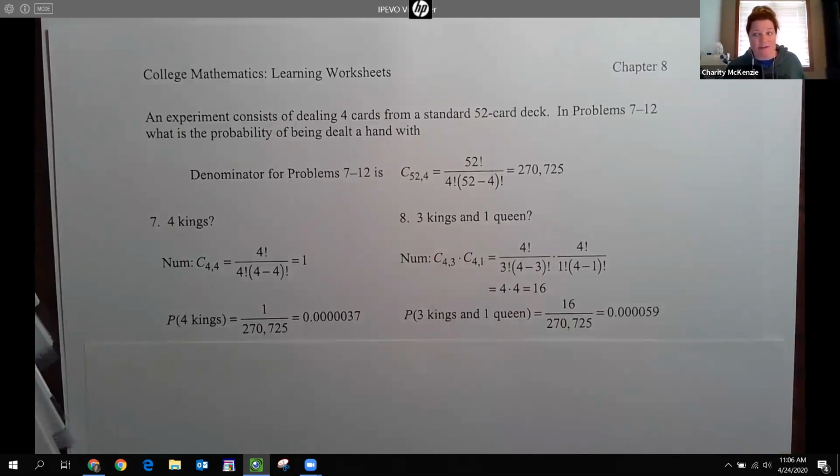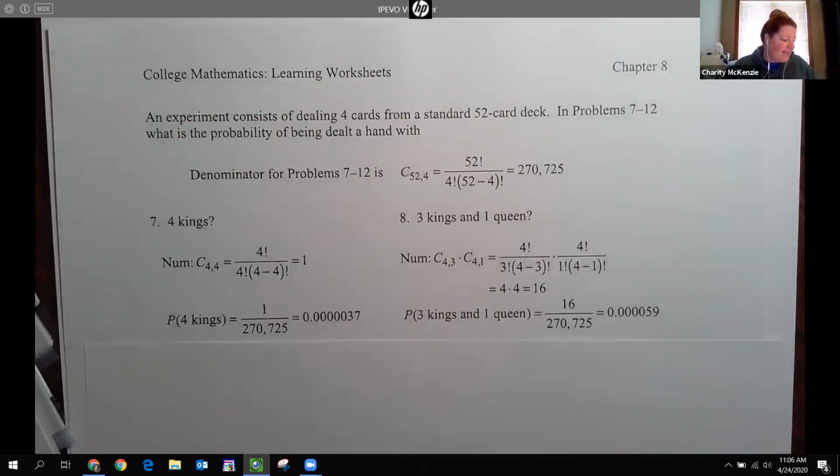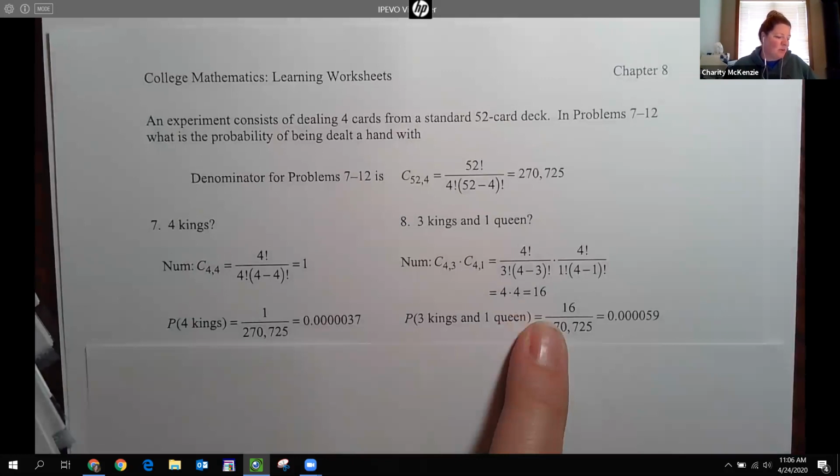That's way harder than this one or this one. A lot less options. So we're going to times these together, and we would get 16 total. There's 4 in each one, which you can do on your calculator. And then that's going to give me 16 total ways to get 3 kings and 1 queen. So my probability is a little higher on that one. Not by much.